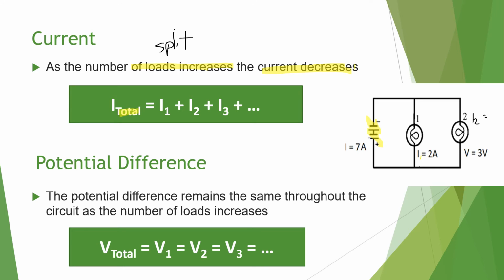So the current at load 2 must be 5 amps.